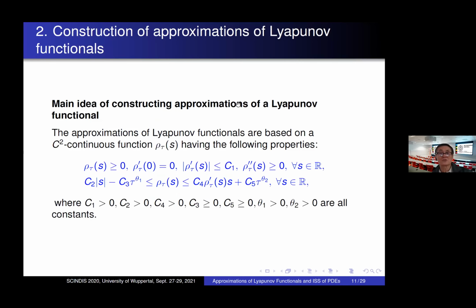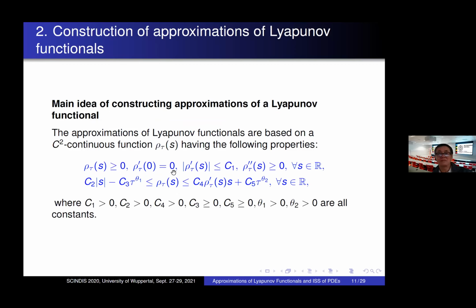Okay, now the approximation of the Lyapunov functional we are looking for should be a second order continuous function. So it has to have the following properties. First, it should be a positive function.